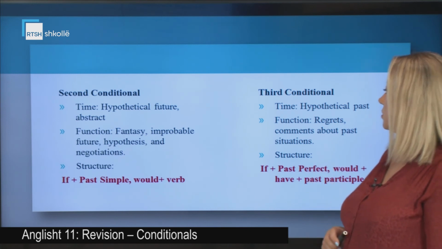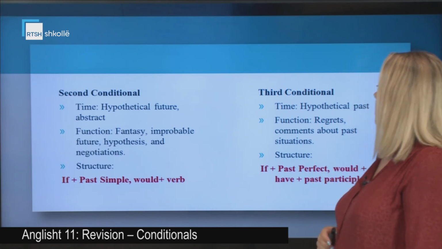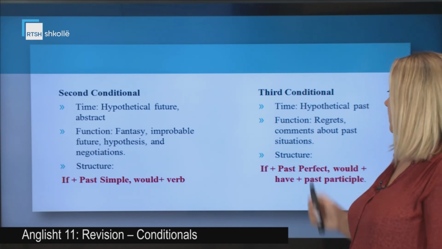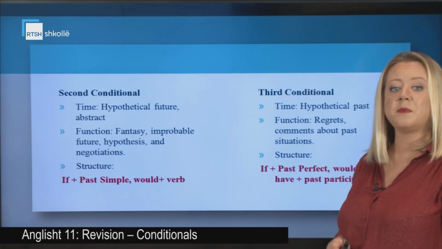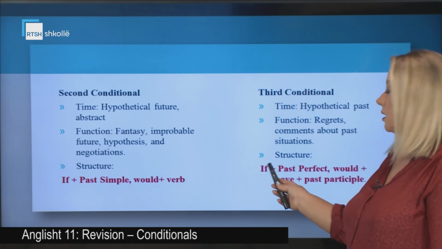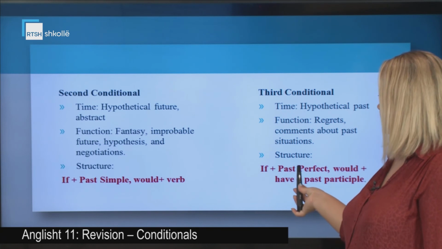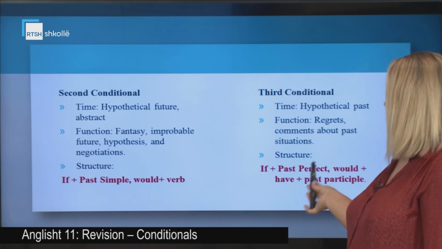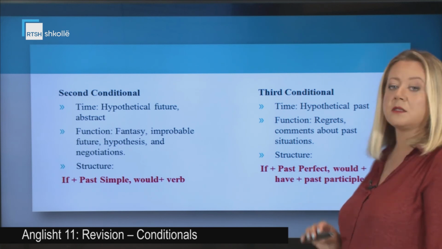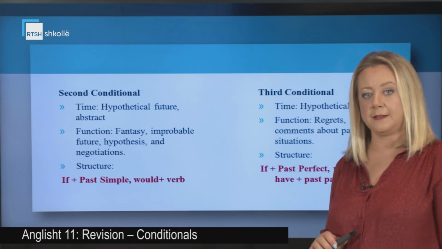And the third conditional, the time is hypothetical past, and it is used about regrets and comments about past situations. It is formed: the if clause is if plus past perfect, and the result is would plus have plus the past participle of the verb of the sentence.